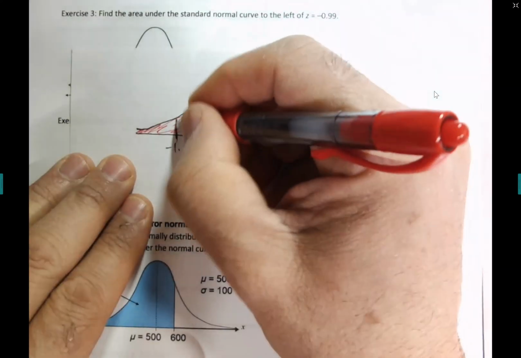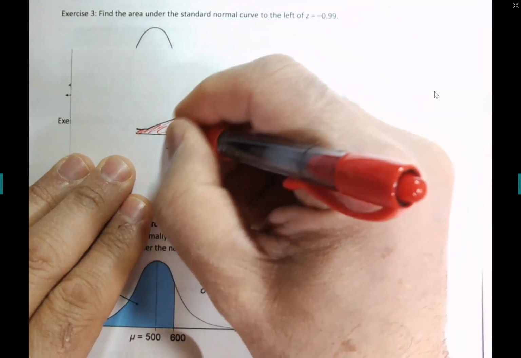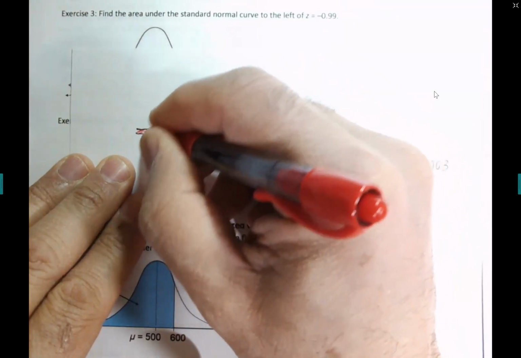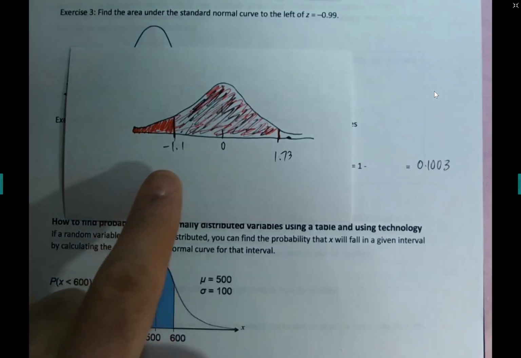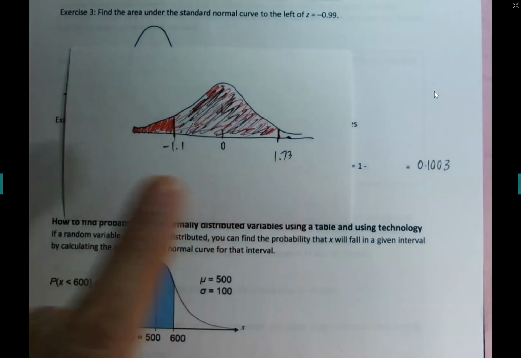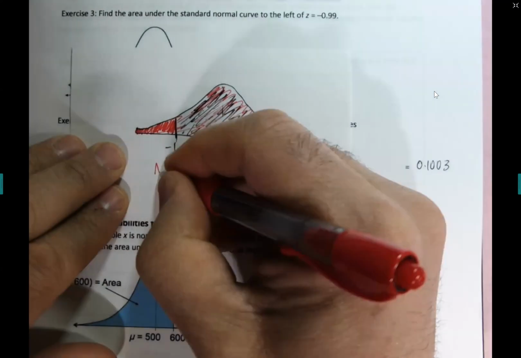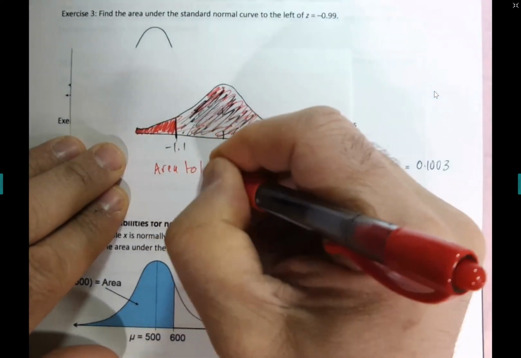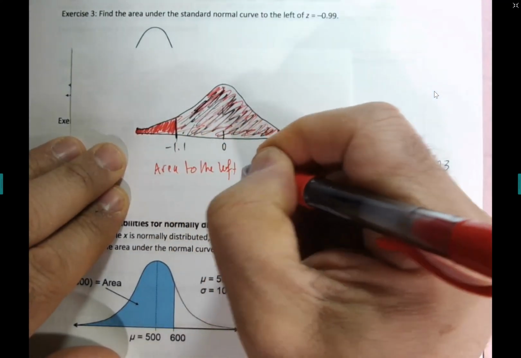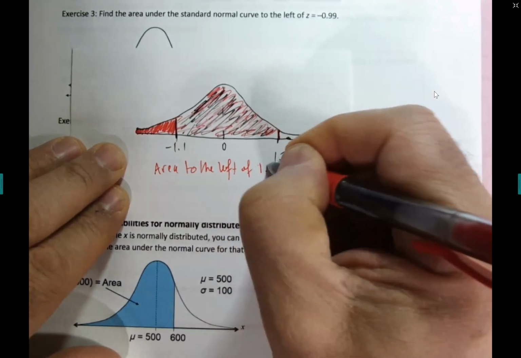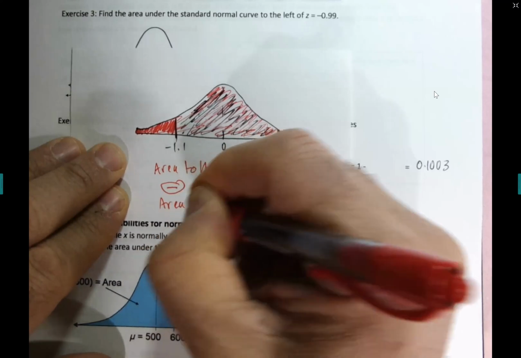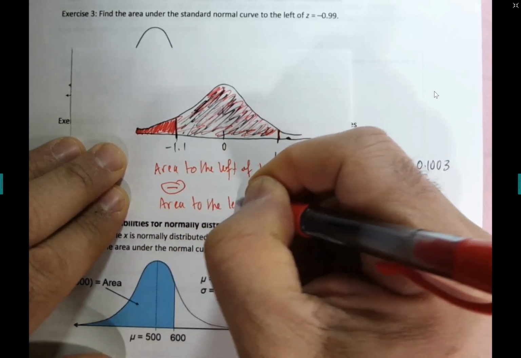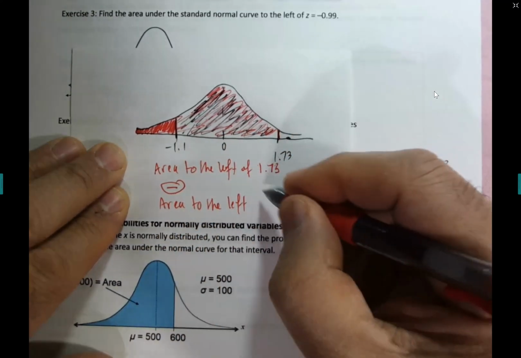You can find the area to the left of negative 1.1, and this is the one that you don't want. So you subtract it from the other area. So the area between negative 1.1 and 1.73, guys, will be the area to the left of 1.73 minus the area to the left of negative 1.1. It's the bigger area minus the smaller area.